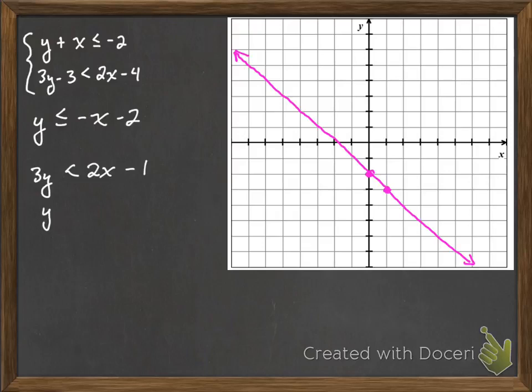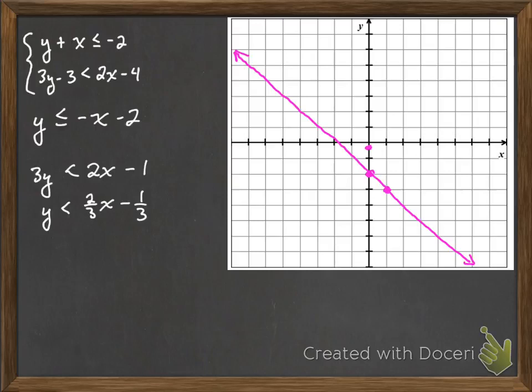And then dividing by 3 will give us 2/3 x minus 1/3. So this is a little bit harder to graph, I guess, because of the fraction for your y-intercept. You just have to be approximate with this. All right, so -1/3 is approximately right here.